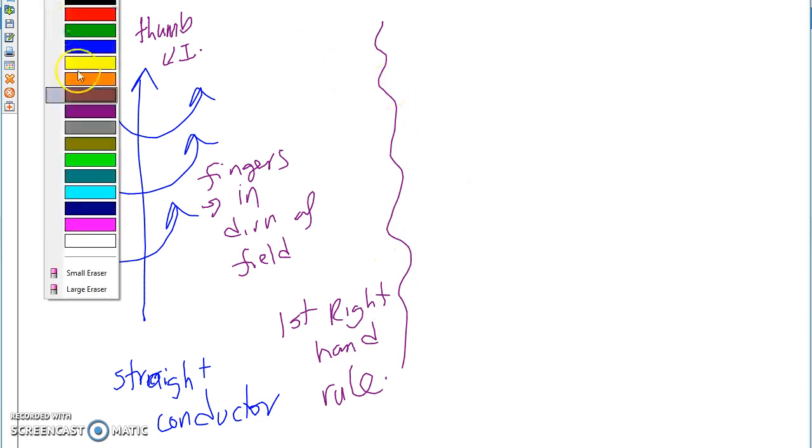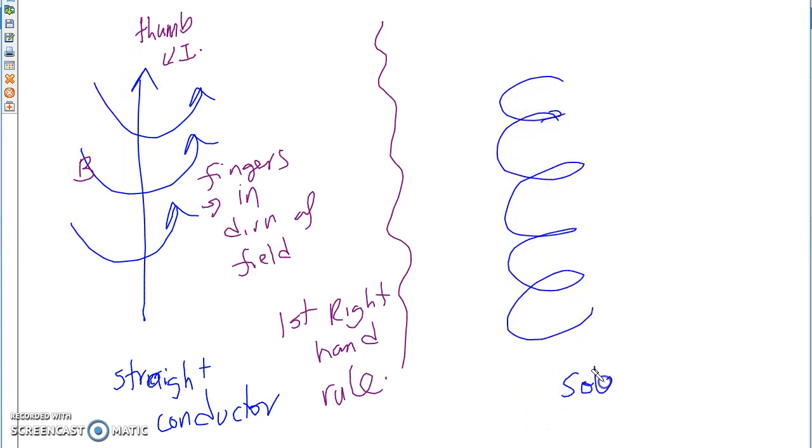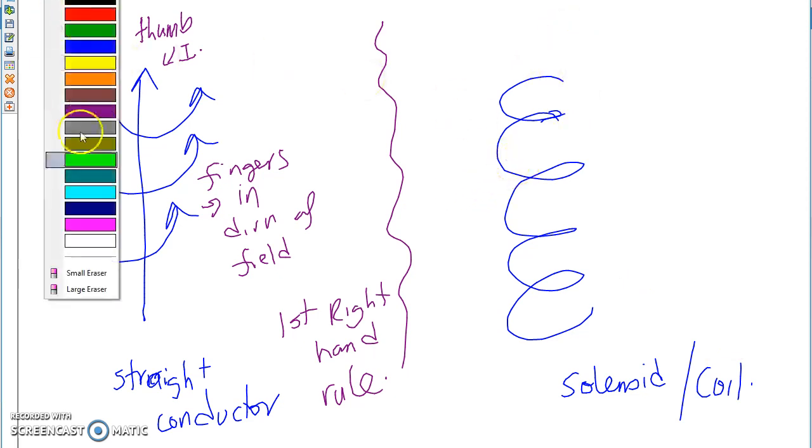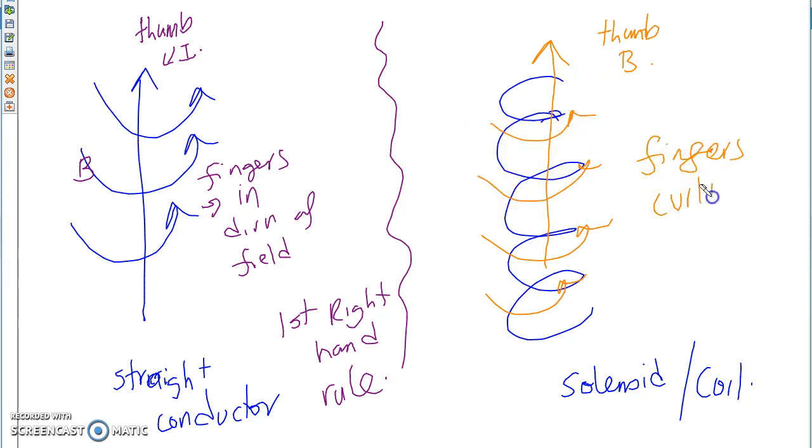The second right-hand rule says if I was to take this conductor and coil it around, and this is known as a solenoid or a coil, and again, if I was to hold it in my right hand, then my thumb would point in the direction of the magnetic field B, and my fingers would be curling up in the direction of the current.